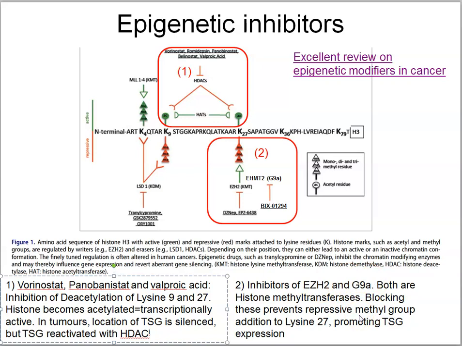Now the histones are going to be modified, but DNA methyltransferase also hangs around in the same complex as HDAC and EZH2 and G9A. So they're all working together, and if you get silencing of the chromatin at the histone level, you'll also get silencing of that DNA at the DNA level.